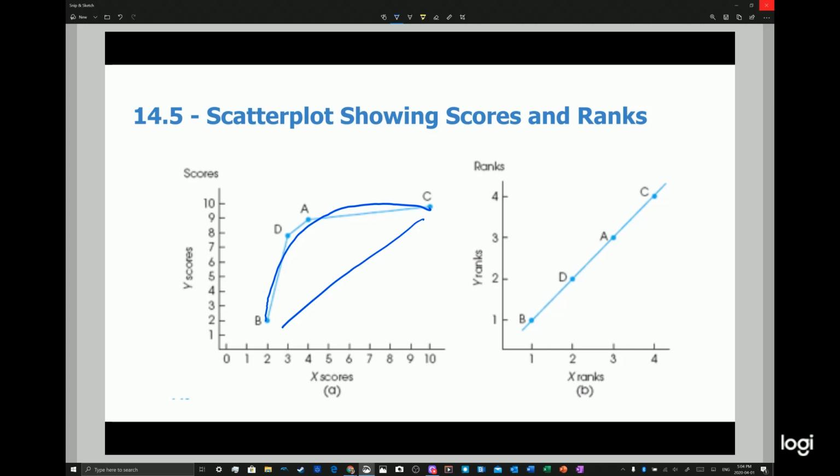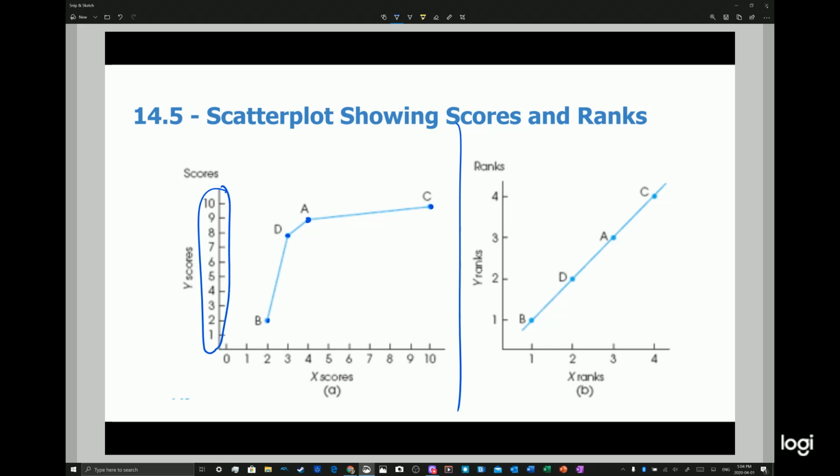So here you can see that in the first picture, on the first half on the left here, these are individual scores scored in X and Y. Now, if we were to simply rank them instead of measure them on an interval scale, notice these scales here are ratio scales because it has 0.